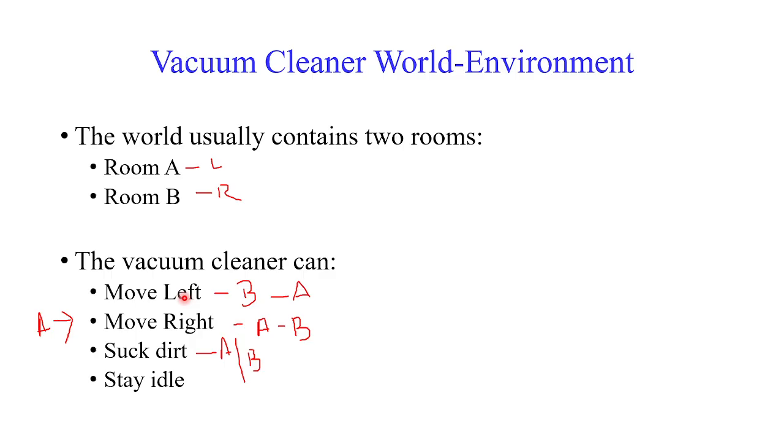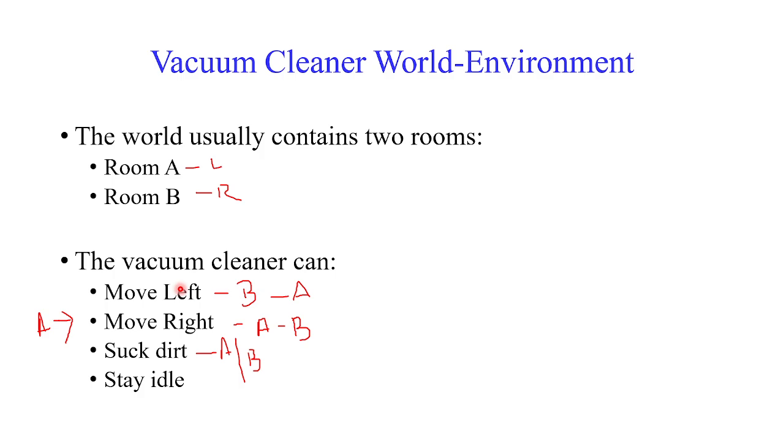Can the agent perceive the state of both rooms at once? Is it possible? Or can it only perceive its current room, wherever it is? Whenever we are designing, this is an important question. The answer determines what kind of agent we can build and how complex it needs to be.